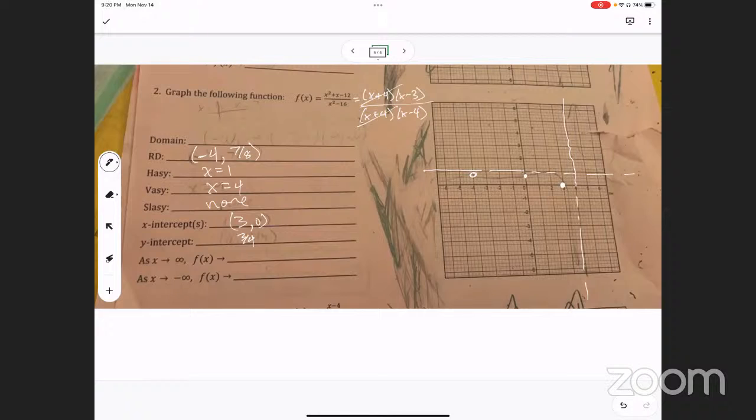It has to go this way because of the points that you have, and it's going to have to go this way. Otherwise, you'd have more x-intercepts if it was down below here. And see how they don't go the same way. They approach it in opposite directions because the multiplicity of that is 1. Okay.